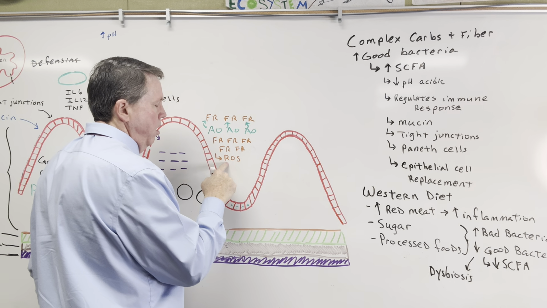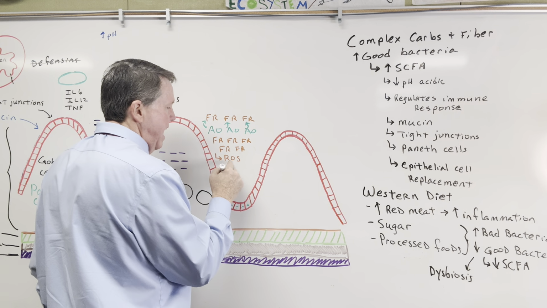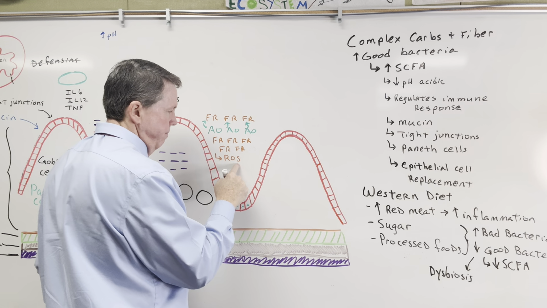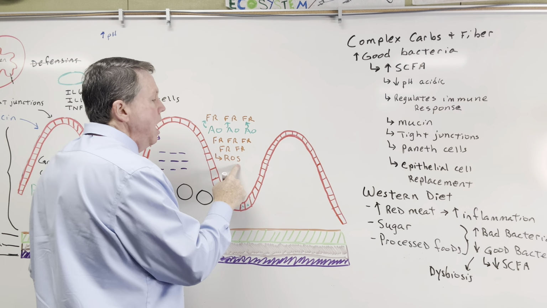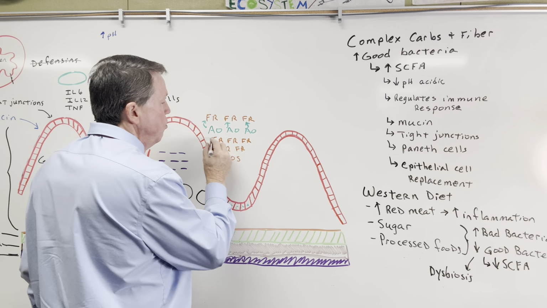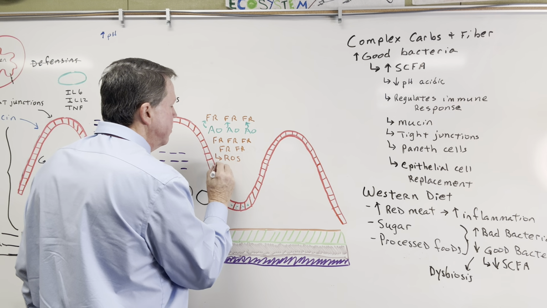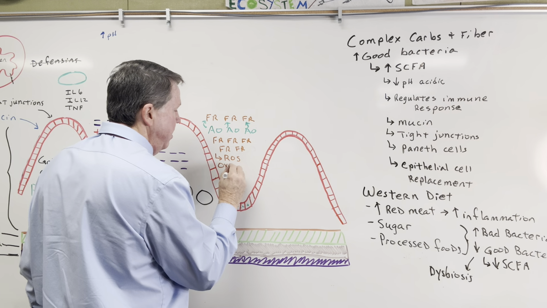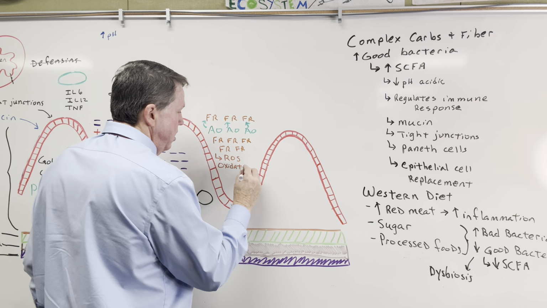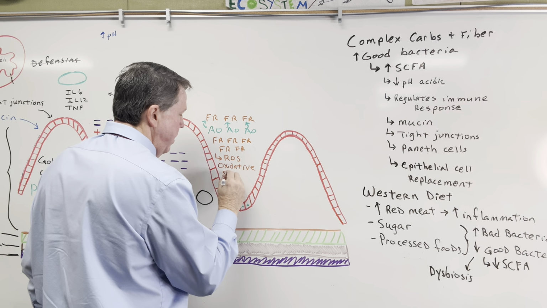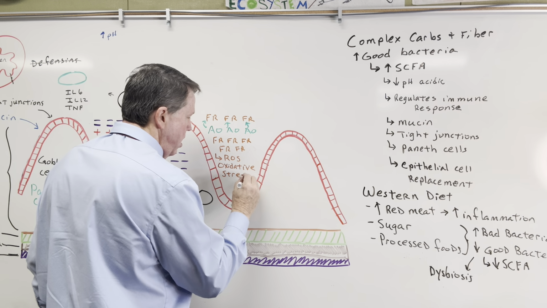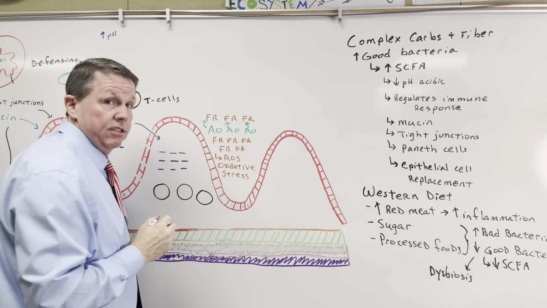ROS stands for reactive oxygen species. Okay, reactive oxygen species. And then because we have these free radicals making the ROS, this is going to lead to something called oxidative stress. So oxidative stress is when I have more free radicals than antioxidants.